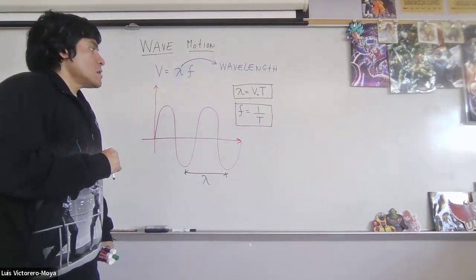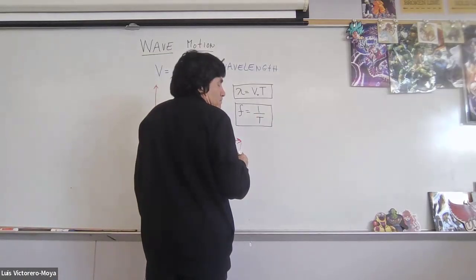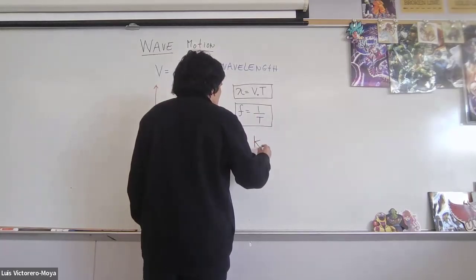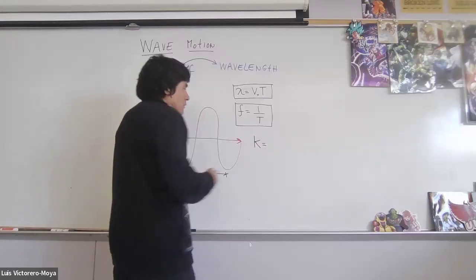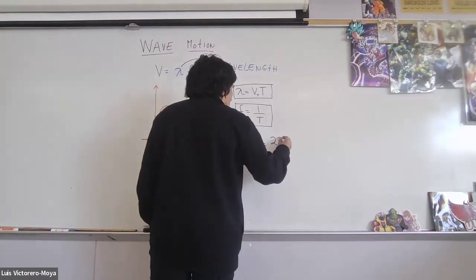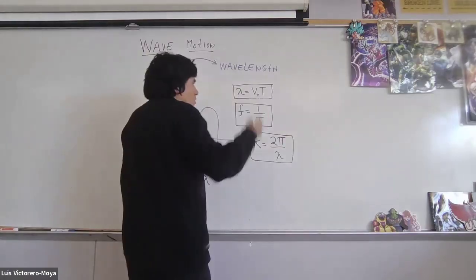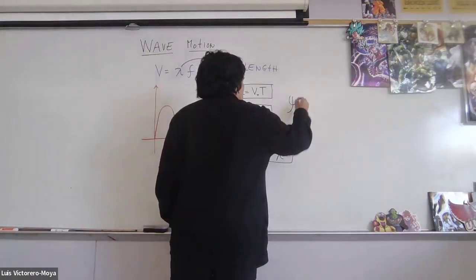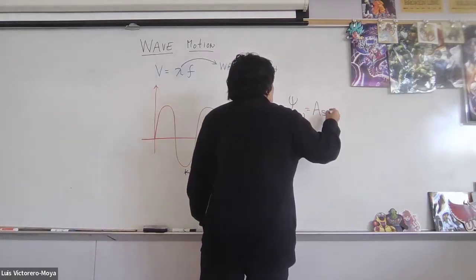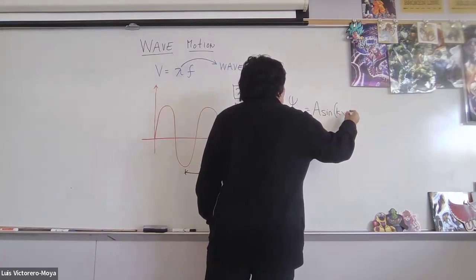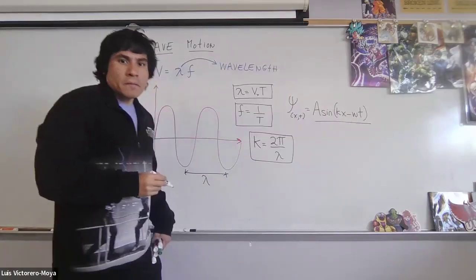At the end of the day, there is a very important parameter, which is the wave number, K. K is not a constant anymore, it's just a wave number. It is how many waves are in a period: 2 pi over lambda. The general equation for a wave, by the way, if you're interested, is A amplitude sine of kx minus omega t plus phi.